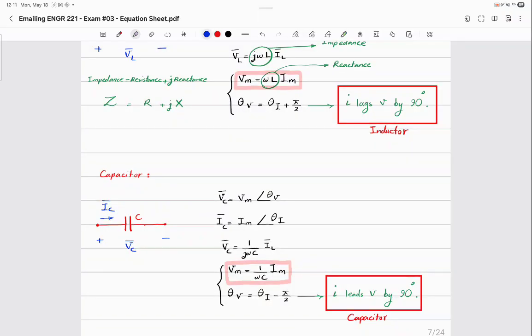Just one question: if it is not an inductor, but it is an inductive load, how can you finish this sentence? I lags V by an angle between 0 and 90 degrees.